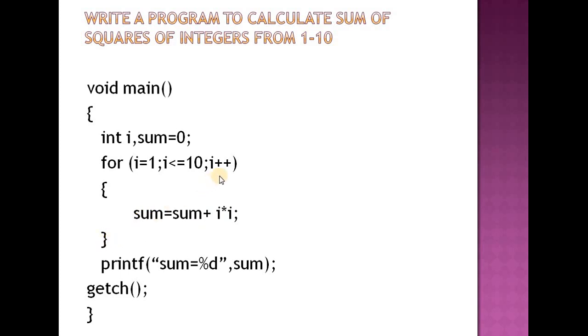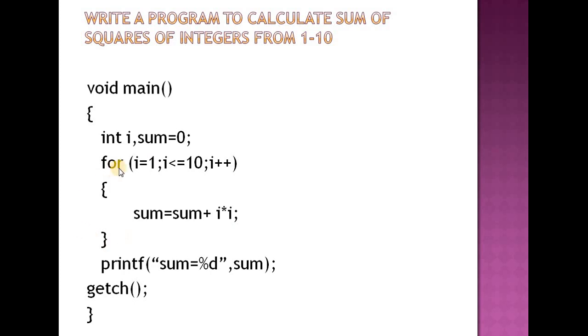With this curly bracket come over here, the value of I will become now 3. Is 3 less than or equal to 10? Yes. Come over here, sum is equal to, what was the value of sum previously? It was 5. 5 plus square of 3, that is 9. So now the value of sum will become 14.